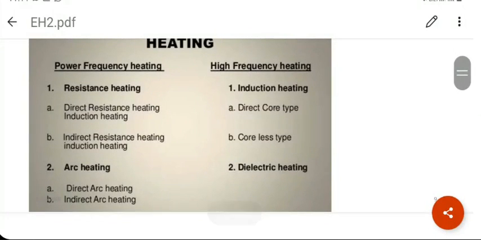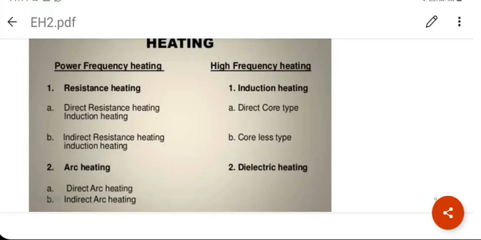Now, there are many methods of electric heating, and one conventional technique is to divide them into low frequency and high frequency techniques. Low frequency means 50 hertz or 60 hertz. High frequency generally means megahertz or so. Among each category, there are several techniques.